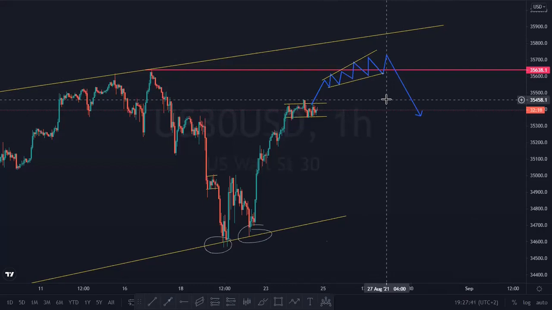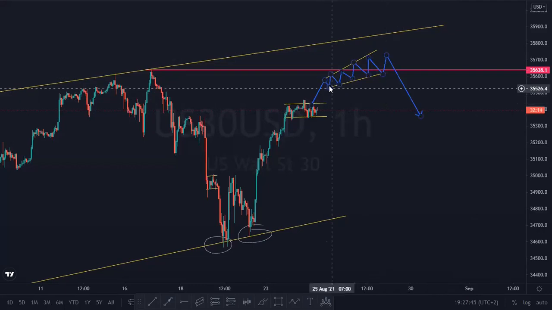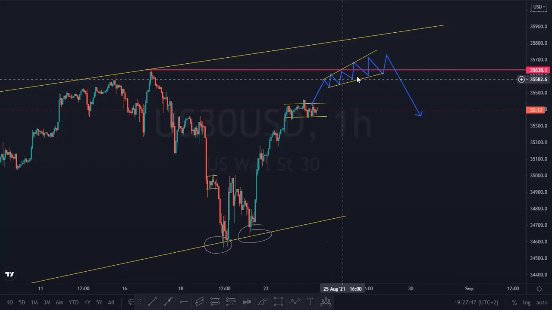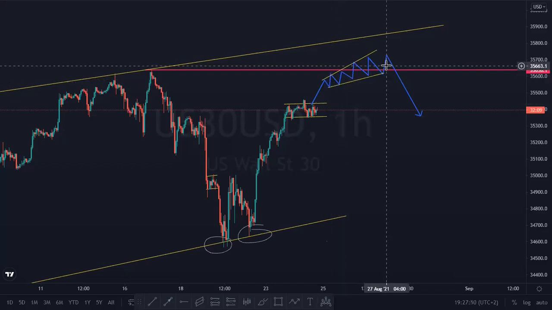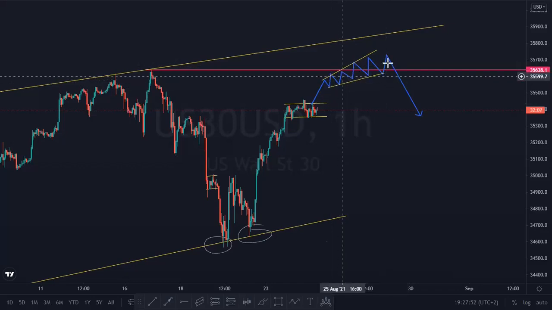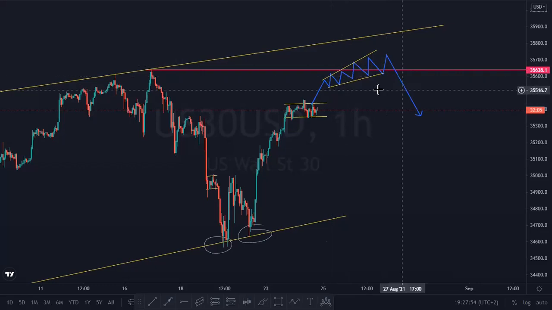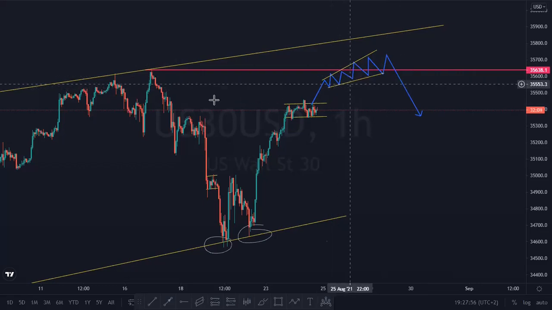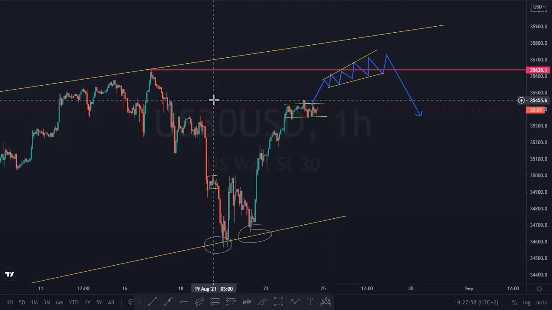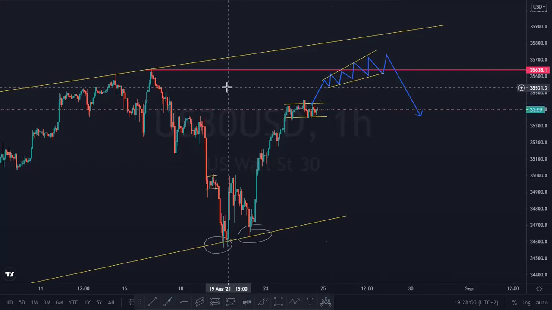Is it rising? Because it's rising, not falling. Yes, it's a rising wedge, but it's a reversal pattern at the end of the day. Exactly. Thank you for copying. Stop copying, I'm just kidding.